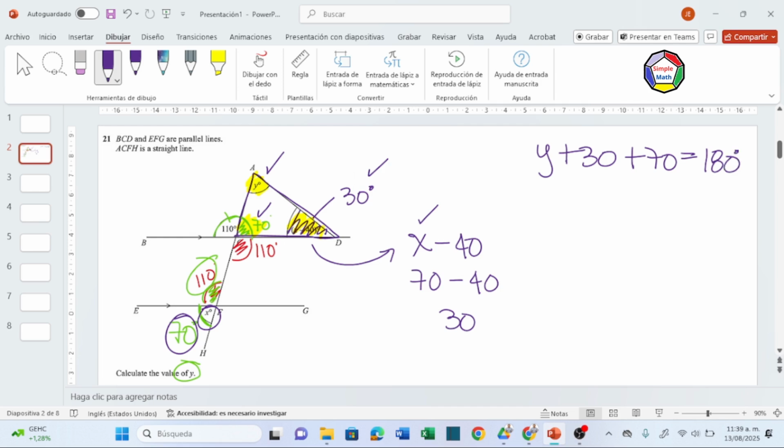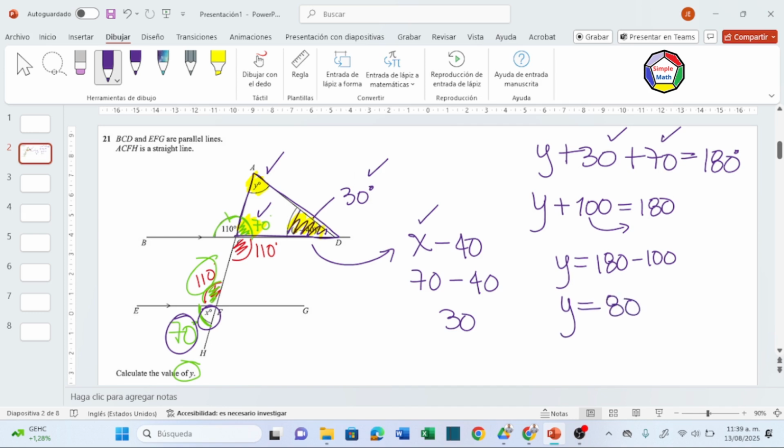Okay? So y plus, we combine like terms, 30 and 70, that is 100, must be equal to 180. So we move the 100 to the other side using inverse operation. So y is equal to 180 minus 100, and that means y is equal to 80. Y is equal to 80 degrees.